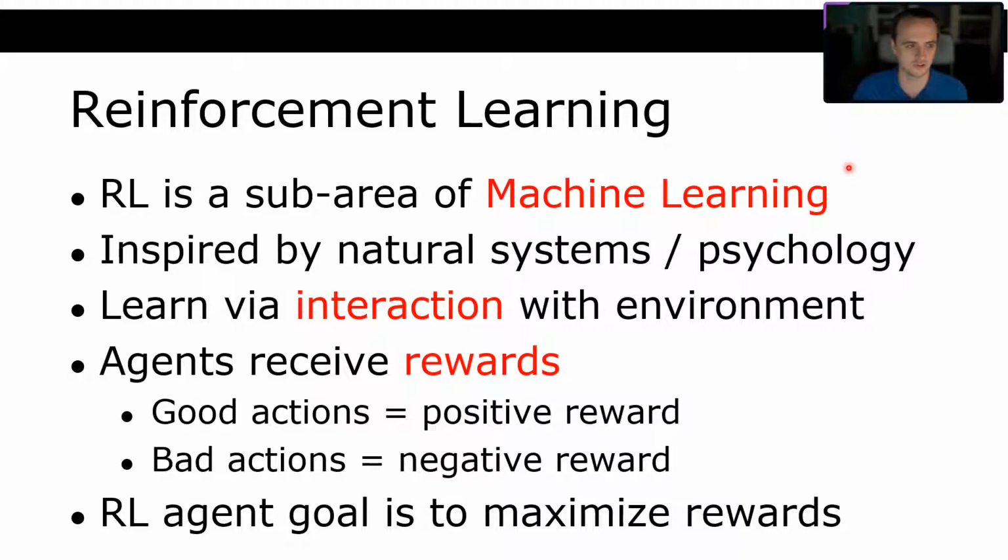Versus if you ate some sugar or something sweet and you really liked it, your brain would think that was a good action, then you would be positively reinforced. So all of reinforcement learning is about the agent interacting with the environment in combination with the agent getting a reward signal, and then the goal of the reinforcement learning agent is to maximize the reward.